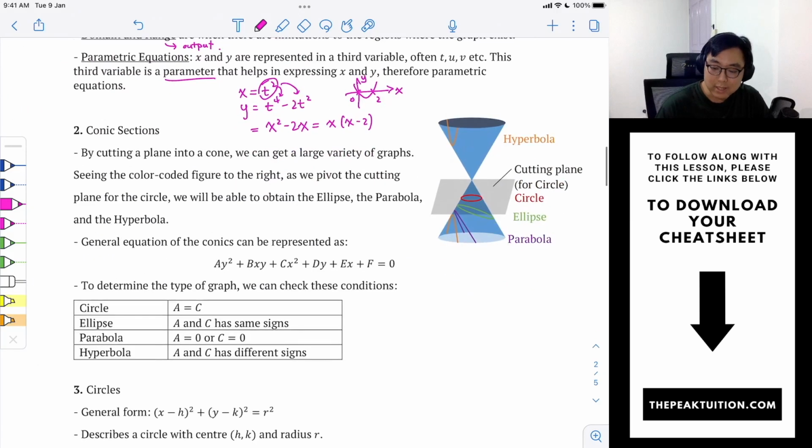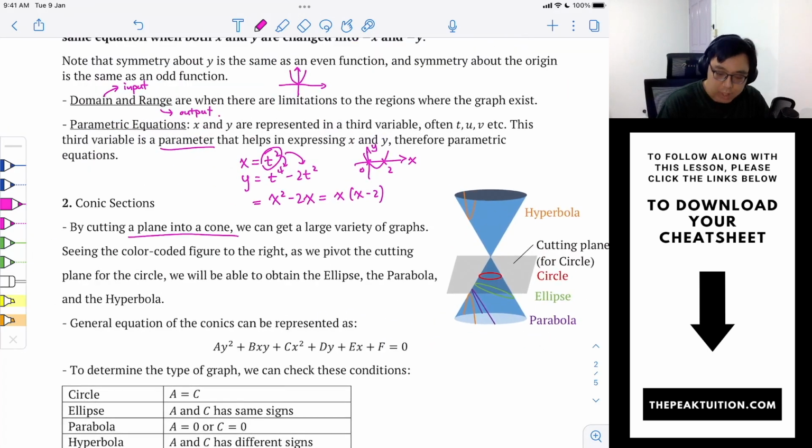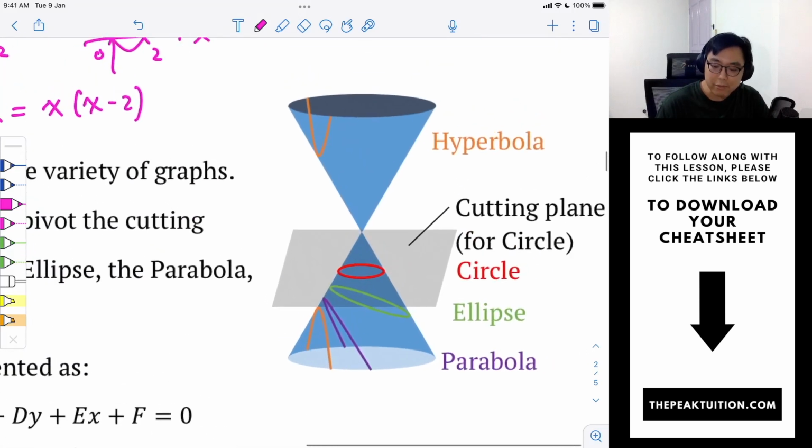They are actually all the same family of curves. By cutting a plane into this cone, we can actually get many different types of graphs. We imagine the cone is hollow, and when we cut it, whatever is on the surface is the graph that we see.